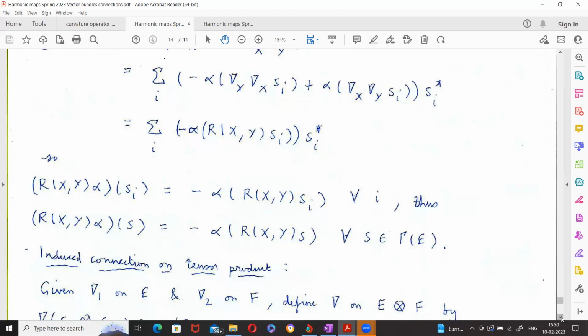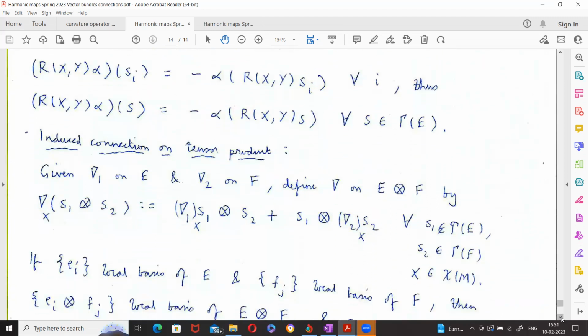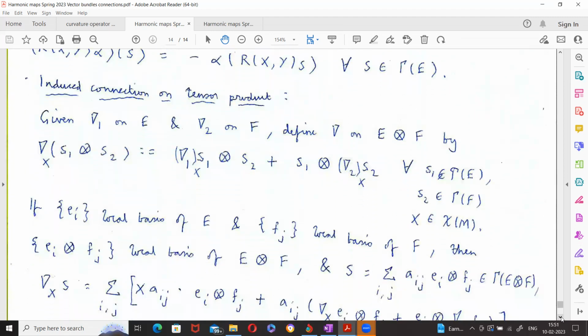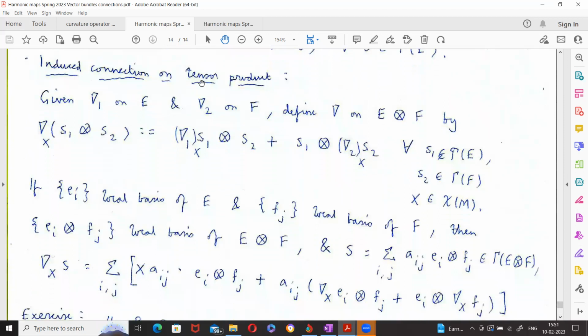And finally, to finish this section on vector bundles and connections, we can look at the induced connection on the tensor product. So suppose I have a connection nabla_1 on E and a connection nabla_2 on a bundle F. Then you define a connection nabla on E tensor F by nabla_X of s_1 tensor s_2.